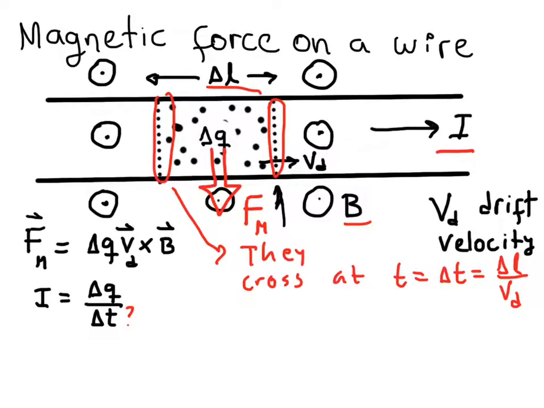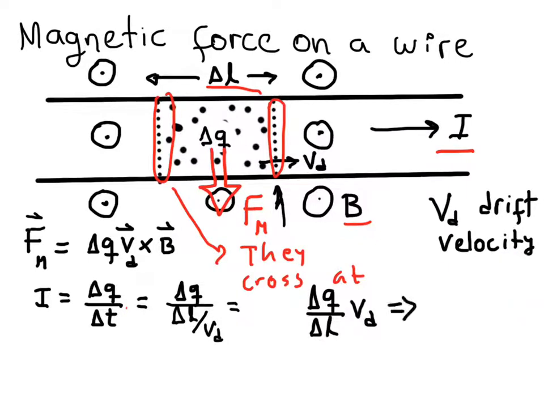Now we can stick that into the delta t in I equals delta Q over delta t. So the current is the amount of charge divided by delta L divided by Vd, which we can rearrange as delta Q, with the Vd in the denominator of the denominator going to the top.